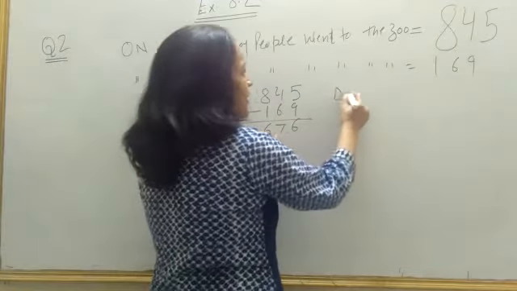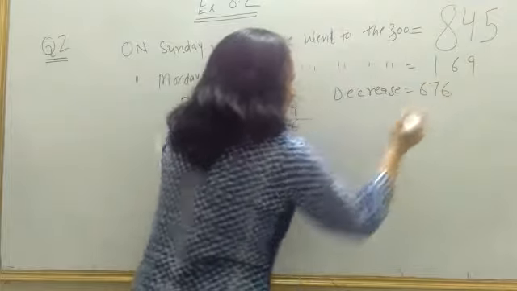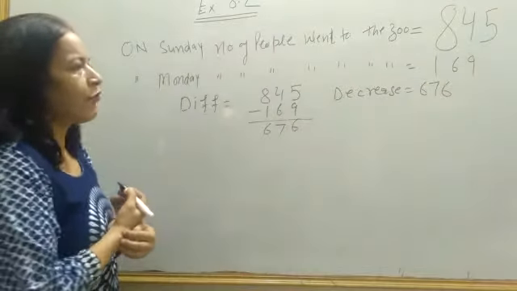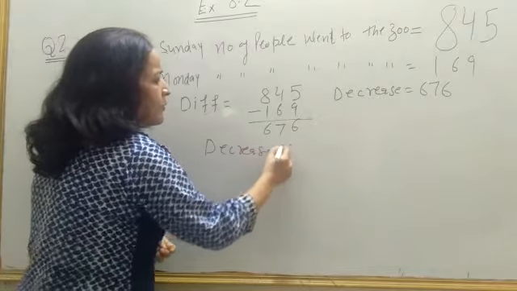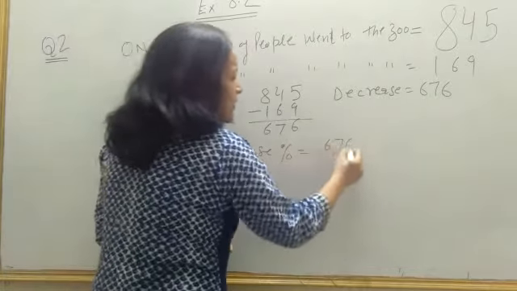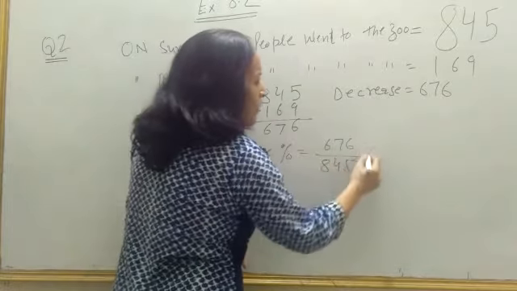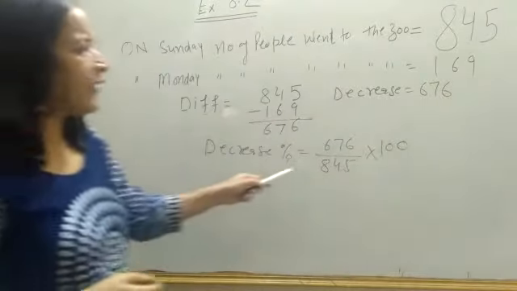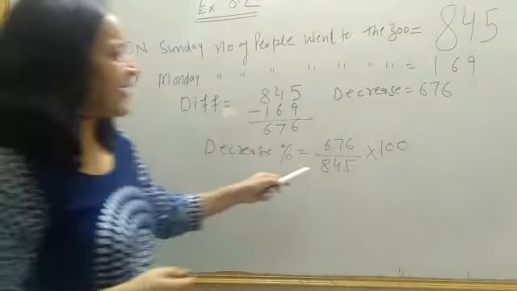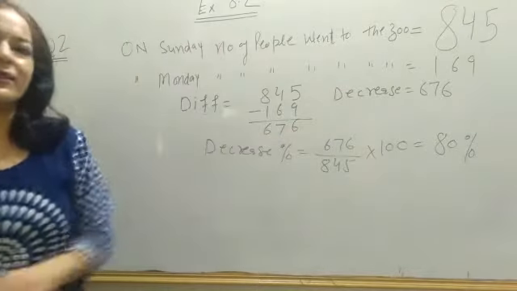So the decrease is 676, and you have to find the decrease percent. Decrease percent will be decrease divided by the original value, multiplied by 100. When you cancel it, you will find 80%. So your answer is an 80% decrease.